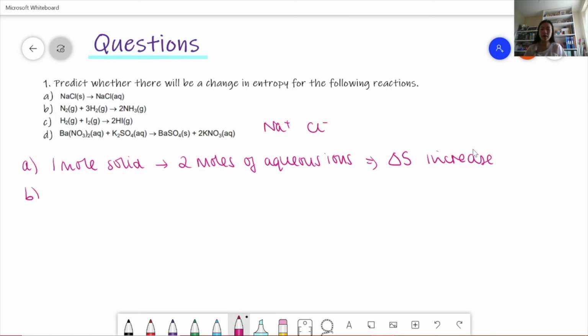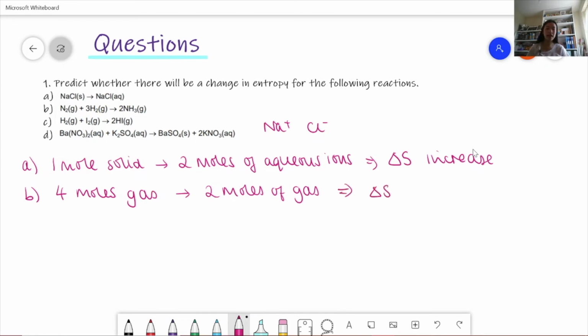And then for B, we have 4 moles of gas on the left, and this goes to form 2 moles of gas on the right. And this is quite easy to work out because they're both gases. So if we're going from more moles of gas to fewer moles of gas, then that means that the entropy is decreasing because we've got less gas, so we've got less disorder.